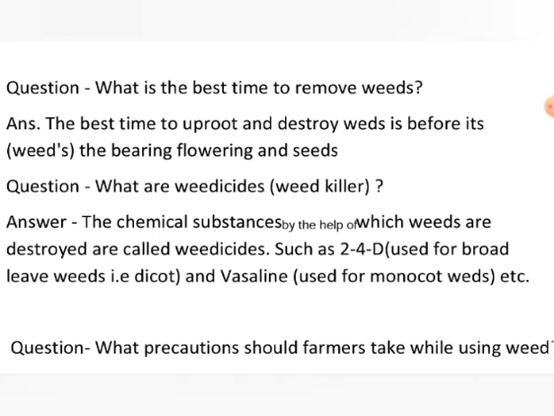So it is best that before they ripen, before they develop flowers or seeds, they should be removed or cut.